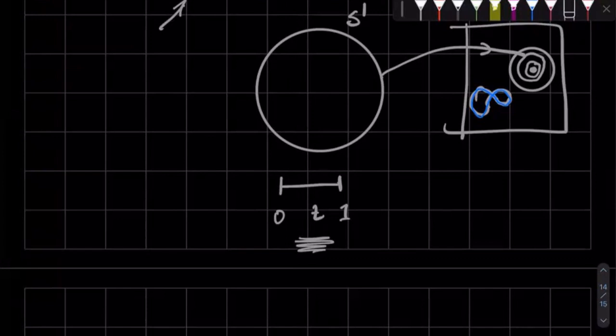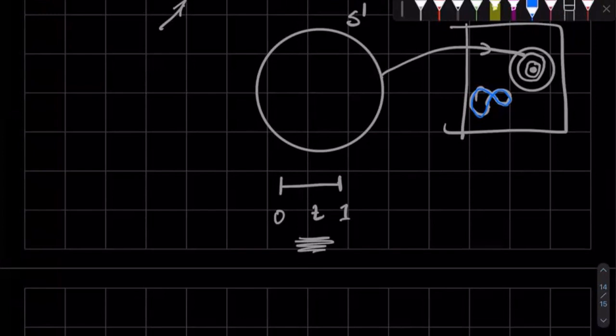Well, no, that's not true. For every t, the map doesn't have to be invertible or anything, right? So it doesn't have to be one-to-one. T is not where you are on the loop, sorry, that's theta.